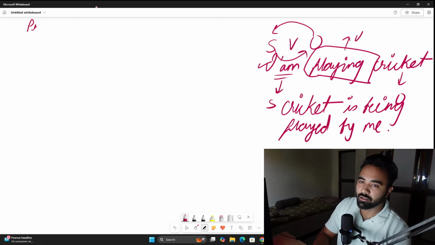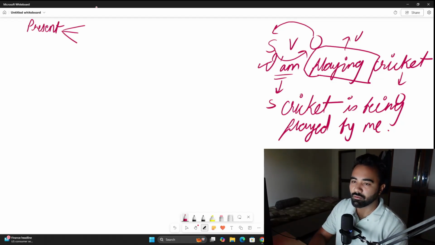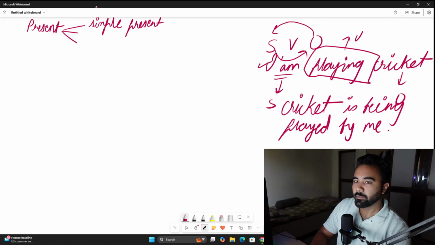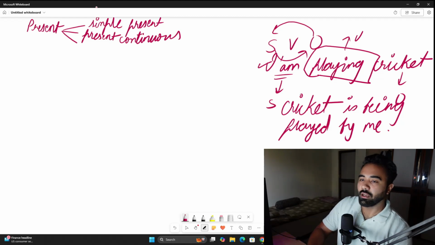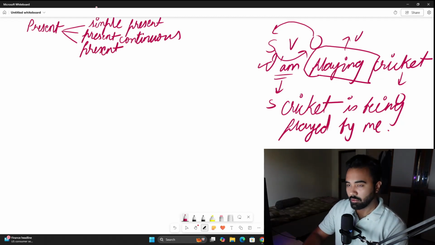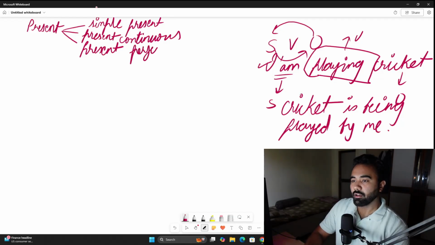Alright, so present tense has 4 forms, but right now for the purposes of active and passive voice we'll cover the first 3. That is simple present, present continuous, and the last one is present perfect.